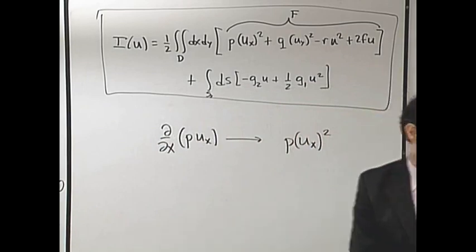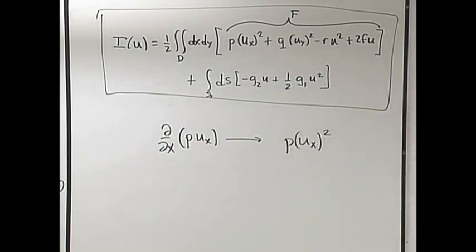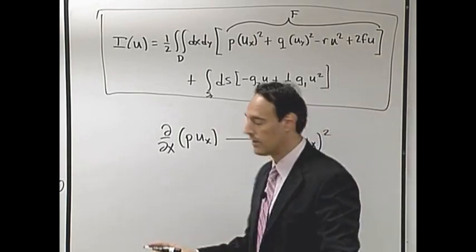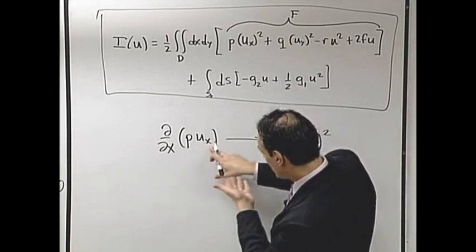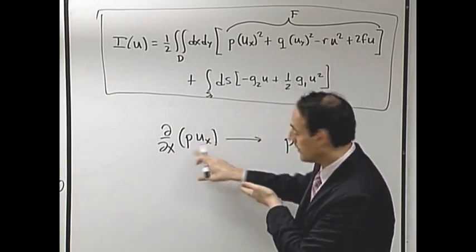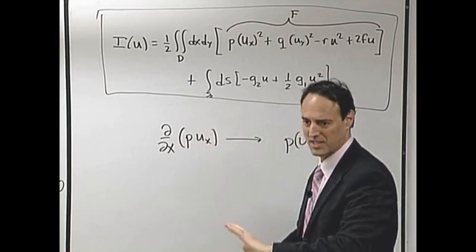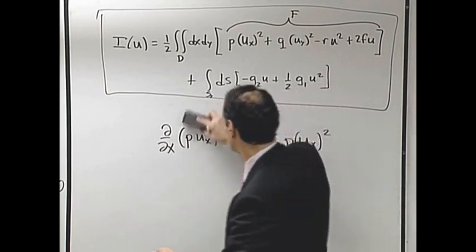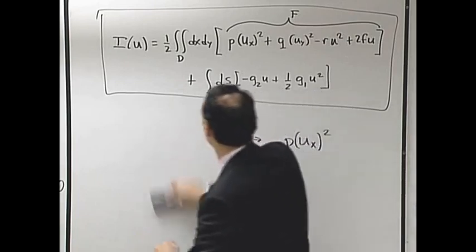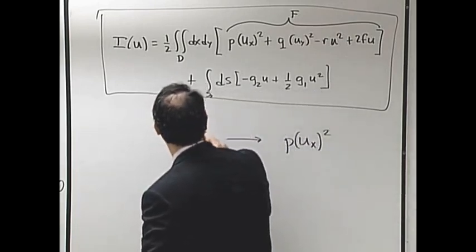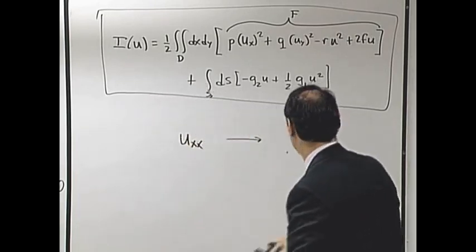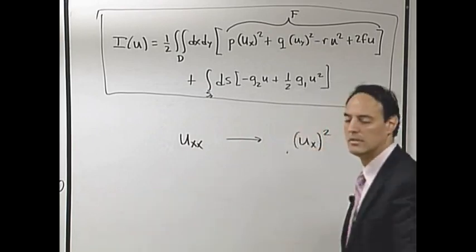And this is where you get the huge potential benefit. Let me make clear why you have a huge benefit. This still has two derivatives of u, right? If you do go through, suppose p is constant for a moment. Let's take p out. This is then uxx, and this is ux squared.